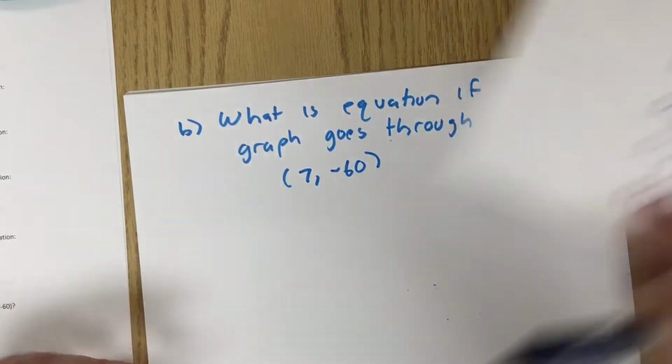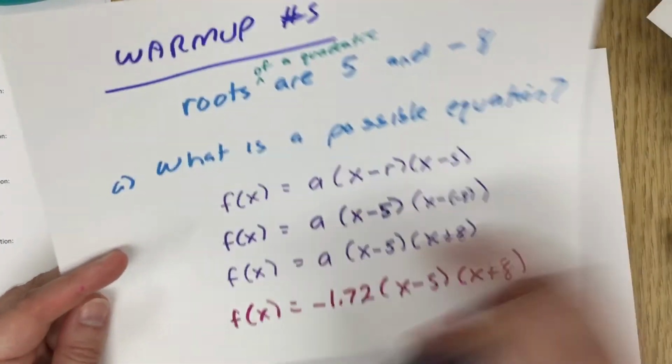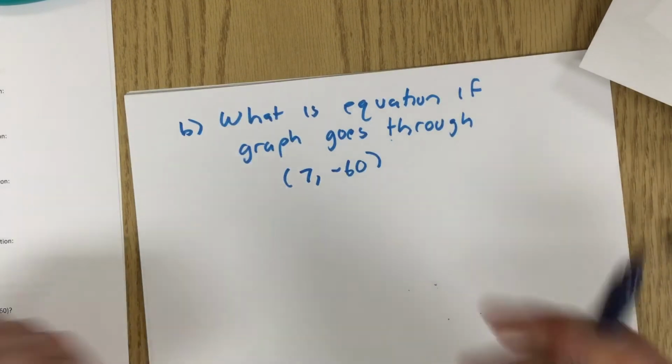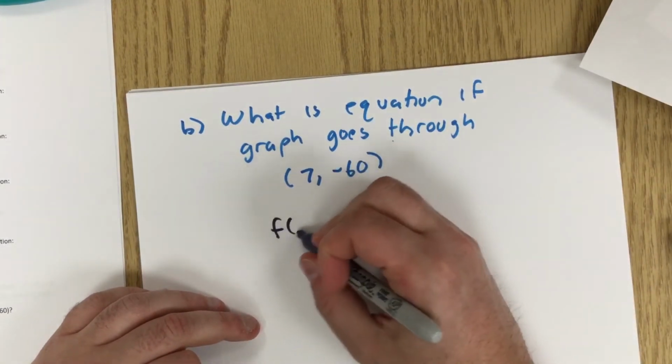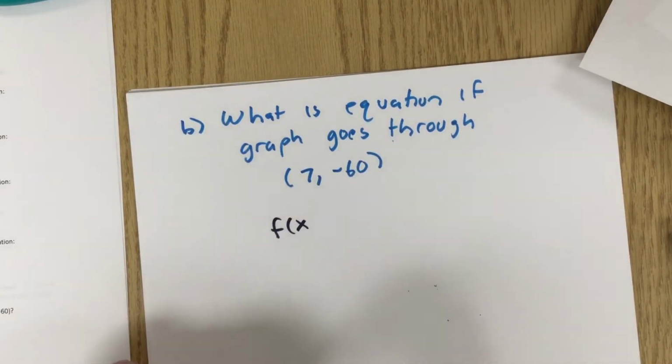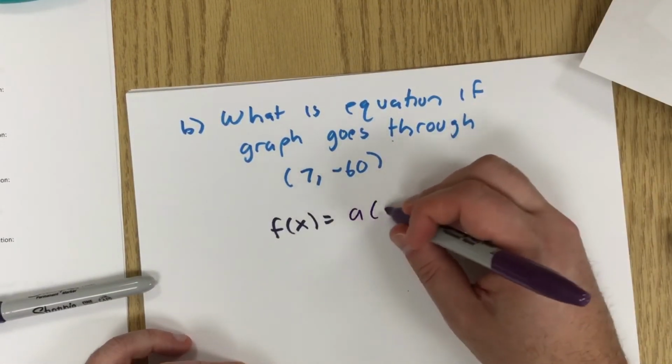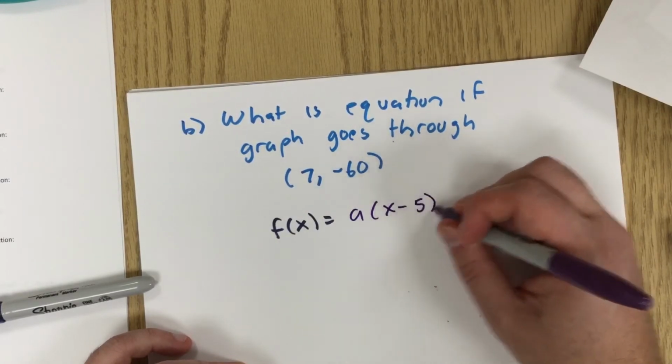So we've already done some of the work. We know it's the same equation, right? So we know that it does look something like this. We know it's of the form f of x equals a(x - 5)(x + 8).